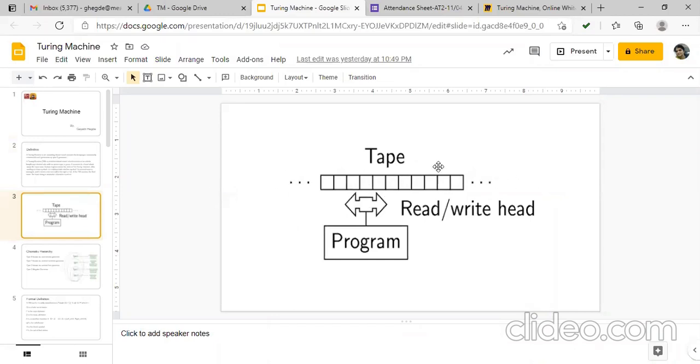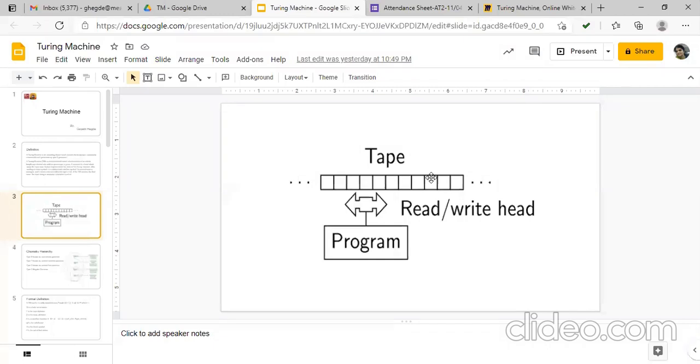Okay, if you remember, PDA uses a stack, right? And a stack has only one opening, or I can say it can be increased in only one direction. You put the input one by one from one side, and you delete from the same side, so it is last in first out.